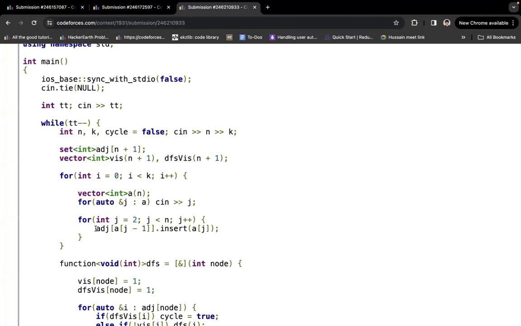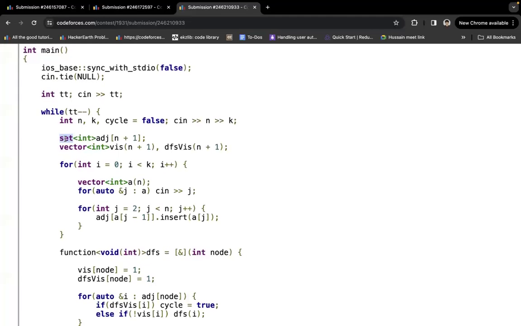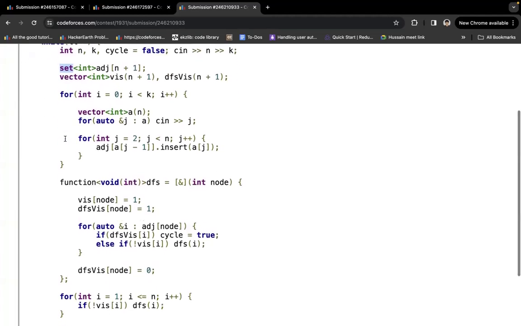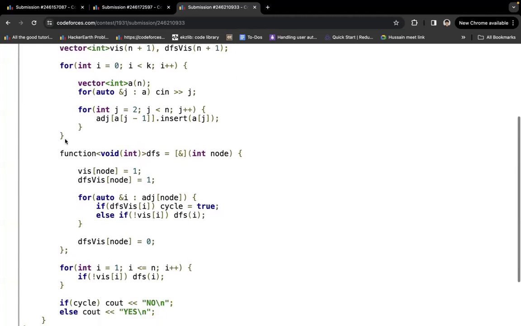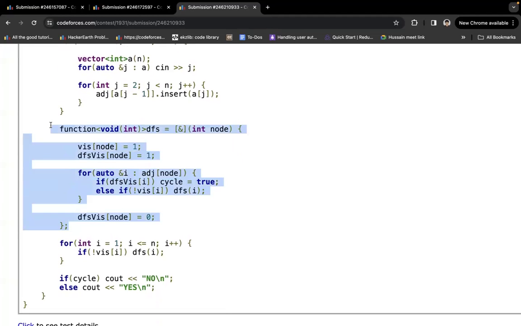So basically, what does adjacency of x contain? All the elements that should come after x. I'm having a set here, but you could have a vector as well. I thought using a set would make it faster, but it is not necessary. After that, I have a simple DFS call which checks if there is a cycle or not.